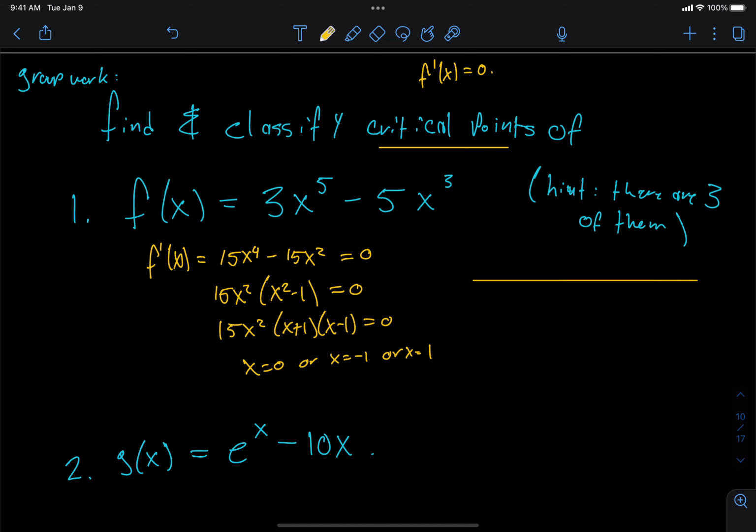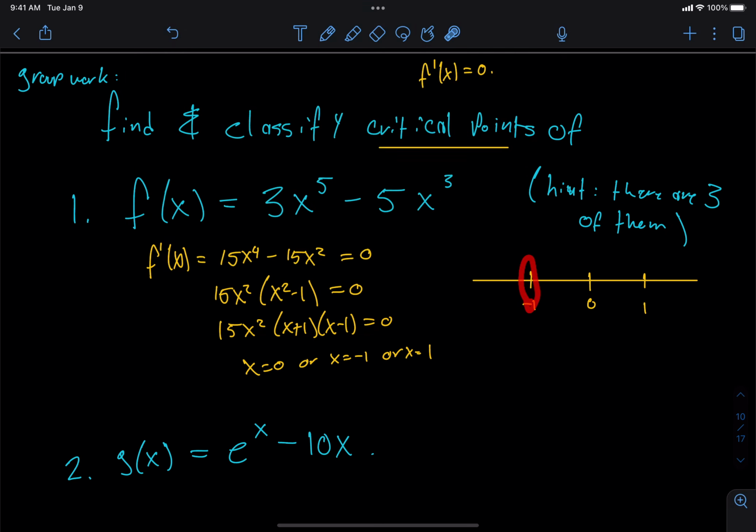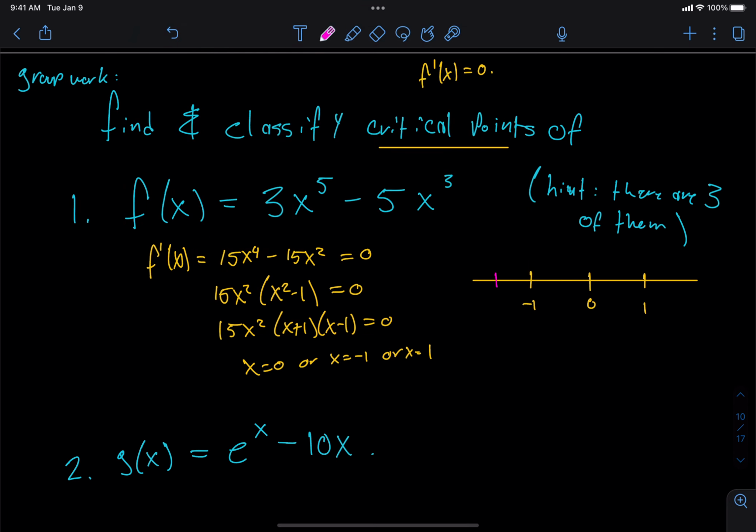And then we use our number line. So for our number line, I put on -1, 0, and 1. And I know that the first derivative is 0 at each of these points. So I need to check whether we are increasing then decreasing, or decreasing then increasing, which is done by checking the sign of the first derivative in between each spot.